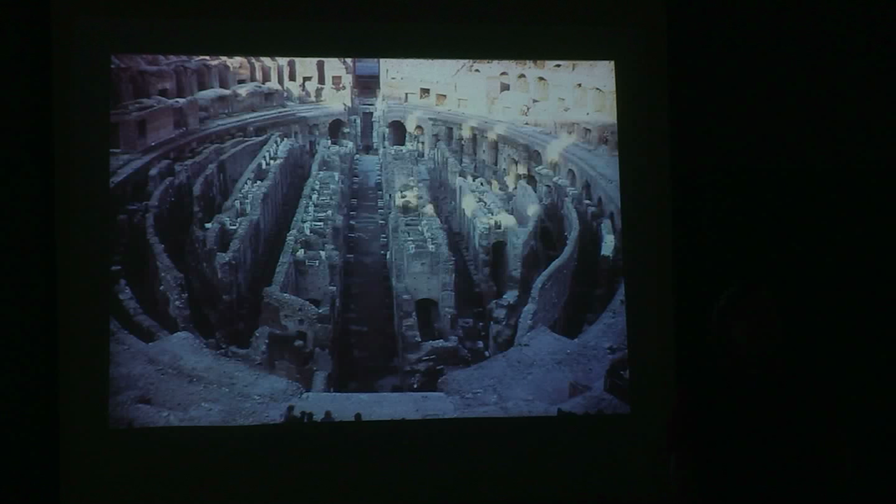So once the animals were brought into the Colosseum and put into their respective chambers, they were starved in order to make them more fierce. I mean, hungry animals will attack their prey with greater ferocity. A very cruel game indeed, I mean, very, very bloody.